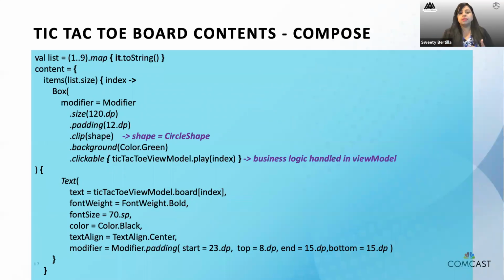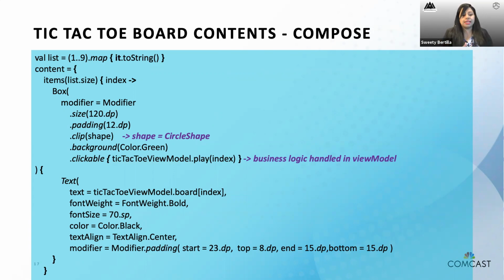Also, I'm setting certain other properties like the size of the circle itself. I'm giving some padding around it. And I'm also setting the background color as green. You may have noticed we had green in our foreground color for iOS. And clickable, the business logic is handled in the view model. So every time the user clicks on the box, we want to do some business logic.